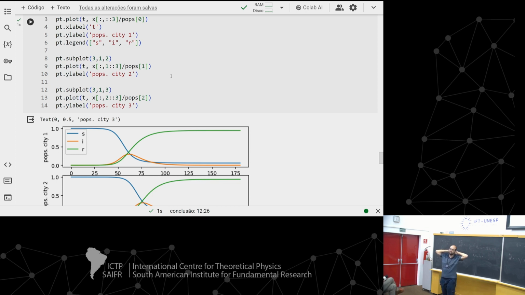We use ODEs because this is a process of transmission. You have large populations, a large number of people, so it's okay to approximate the number of people by a continuous variable, and you just look at the averages.